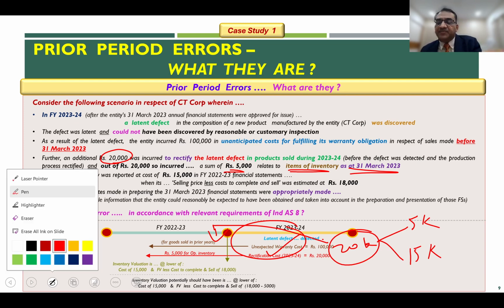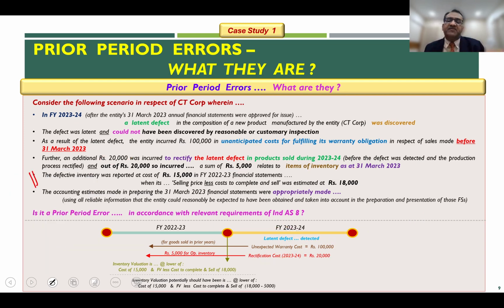The defective inventory was reported at cost of rupees 15,000 in 22-23, on which you have spent 5,000 of additional rectification cost. This inventory was reported at cost in the 22-23 financial statements when the selling price less cost to complete and sell was 18,000.